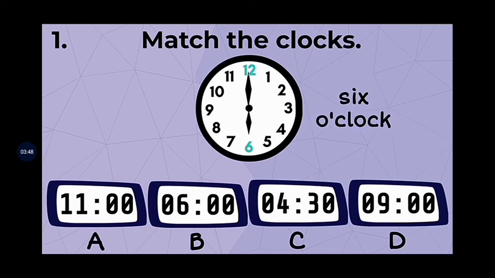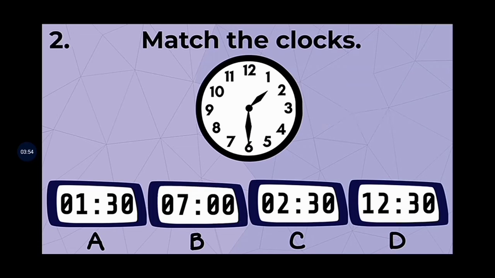This is the same as digital clock B. Next, the hour hand is pointed between 1 and 2, meaning it is just past 1, while the minute hand is pointed at 6. So the time is 1:30. This is the same as digital clock A.